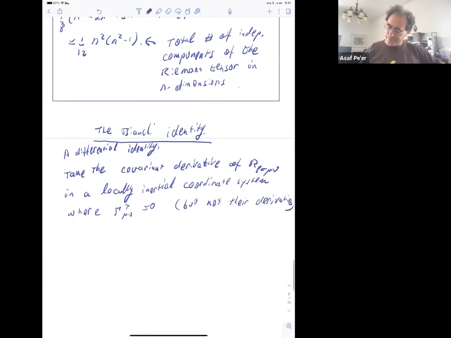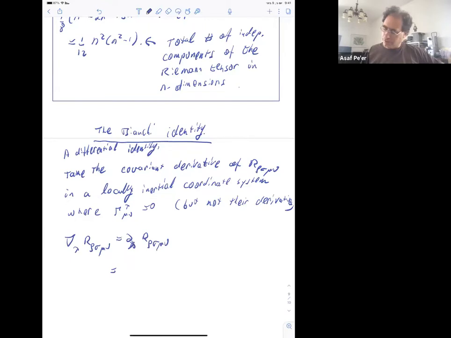So nabla lambda R rho sigma mu nu is just d lambda R rho sigma mu nu, right? All the affine connections are 0, and in the definition of R, also all the affine connections end up 0.